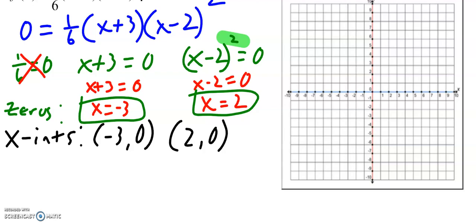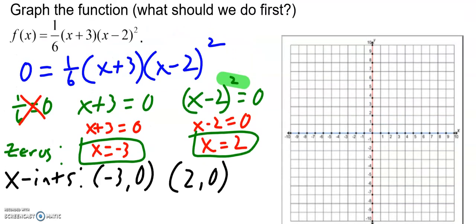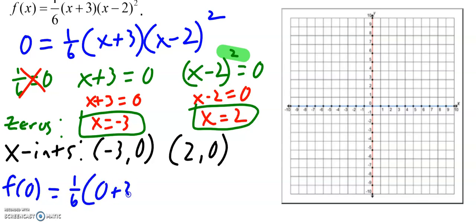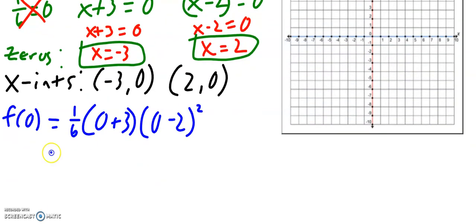And then to find the y-intercept, remember we actually plug in 0 for x. So f of 0 is going to be 1/6 times 0 plus 3 times 0 minus 2 squared.